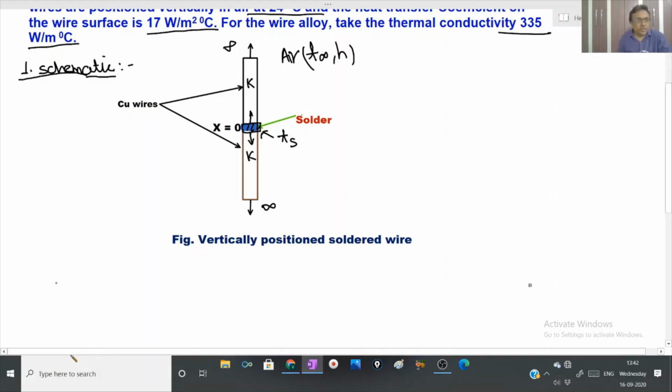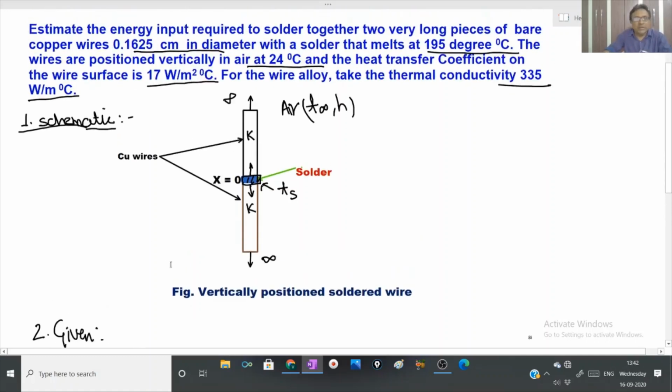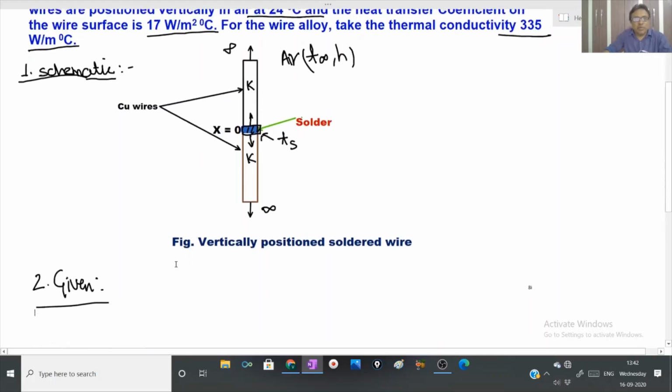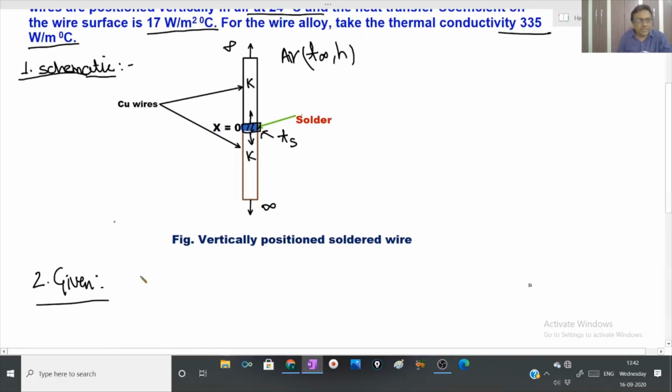In order to solve the problem, let us first enlist all the given parameters. The diameter of both these copper wires is given as 0.1625 centimeter, that is 0.1625 into 10 to power minus 2 meter.